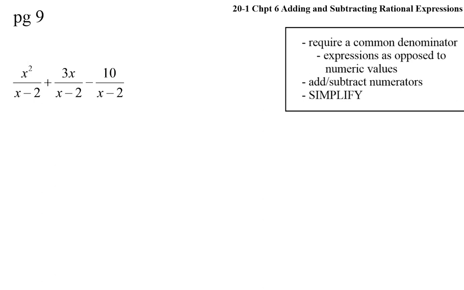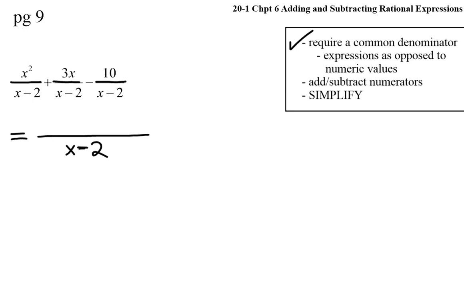All right. Now we have 3 terms. Not a big difference. 3 terms, 3 fractions. We still need that common denominator for the 3 terms. What's great? x minus 2, x minus 2, x minus 2. So that works nice. This will equal a denominator of x minus 2.